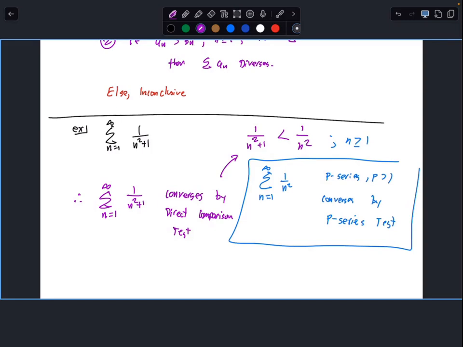And again, this is kind of like what I was saying earlier. It should be obvious that it's going to be less than, and you don't want to do the direct comparison test if it's not obvious, where it's not like plus 1 on the bottom. Because if I gave you the scenario of 1 over n squared minus 1, the direct comparison is not going to work. But if I do something like 1 over n squared plus 2n minus 5, where it's less than it for initial values because that minus 5 is actually making the denominator smaller for n equals 1, right?